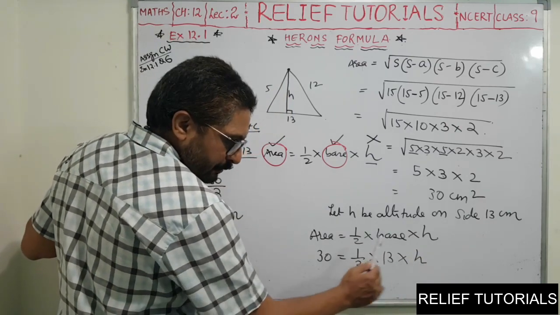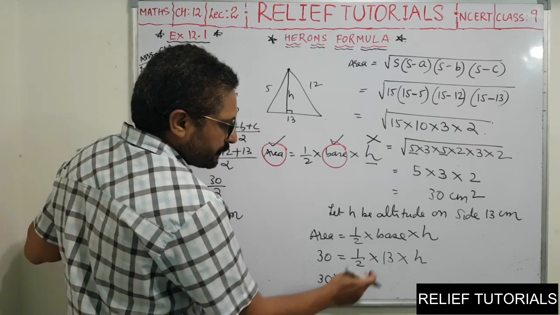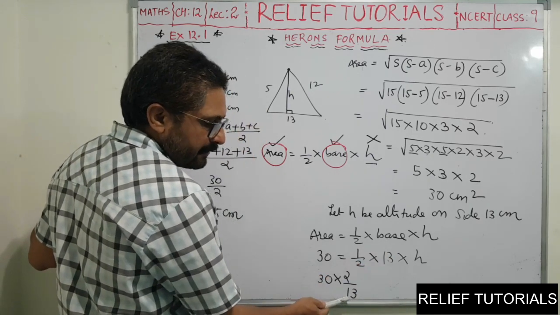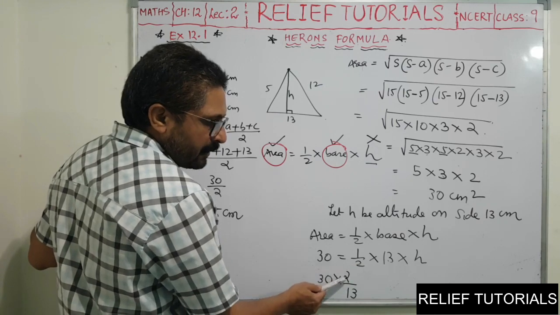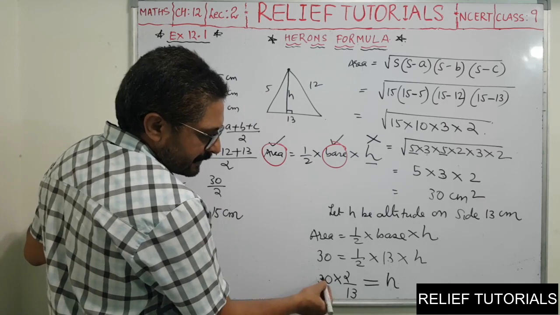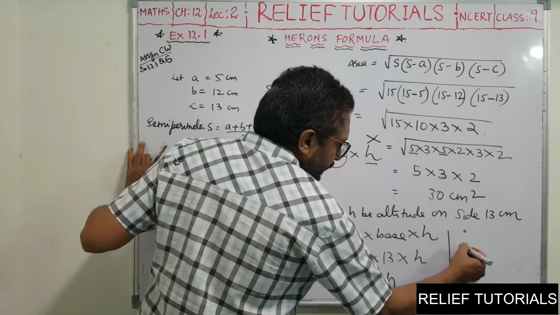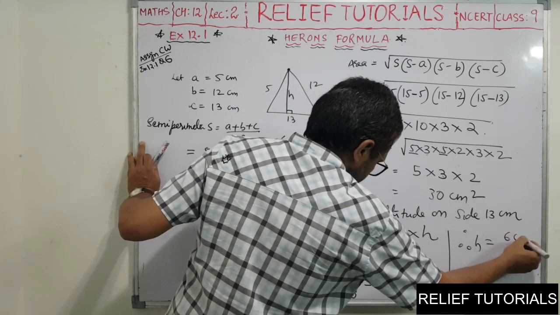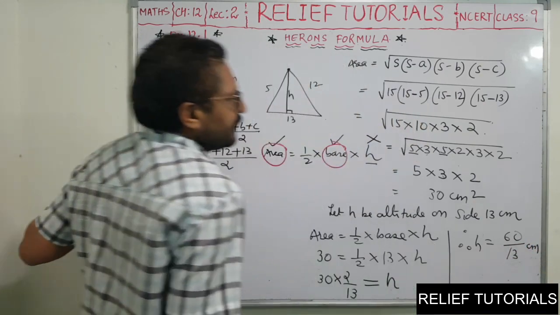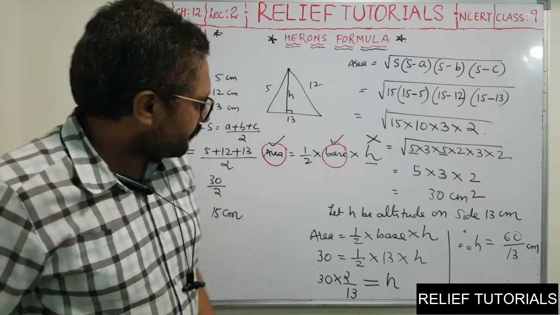So this is 13 by 2. When it goes to the other side, 2 by 13. So here is 30 into 2 by 13. This is multiplication, it will go to division, and this is division, so it will go to multiplication. That is equal to h. You can't cancel this. 30 2s are 60 upon 13. So therefore I can write here the height is equal to 60 upon 13 centimeter. So this is the height. Very simple.